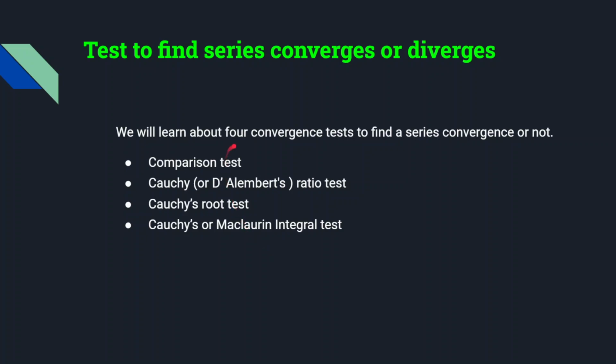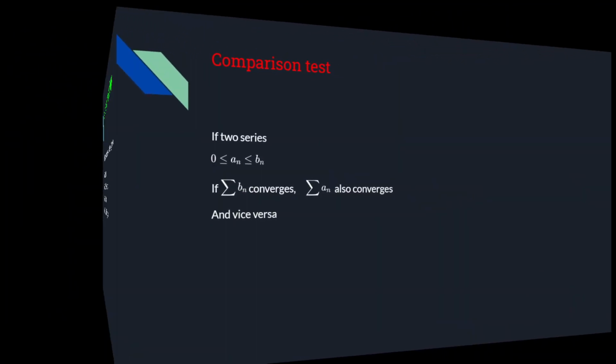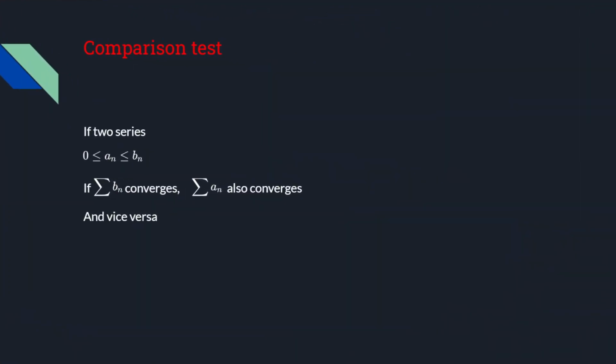What is basically a comparison test? We compare a given infinite series with some known infinite series, one that we know converges or diverges. Suppose we have a series and want to find whether it converges or diverges.